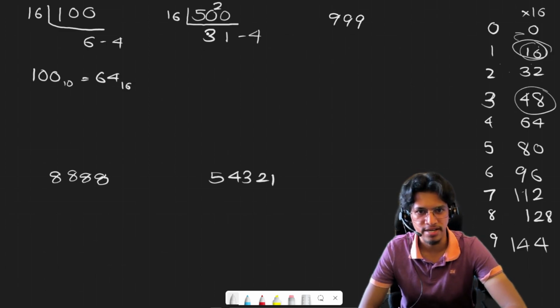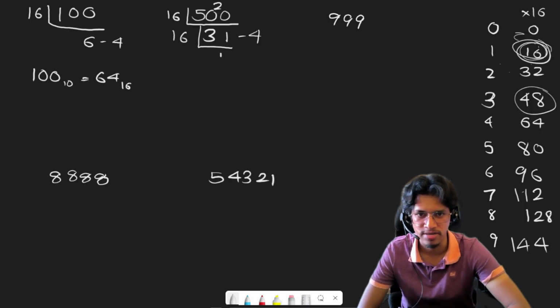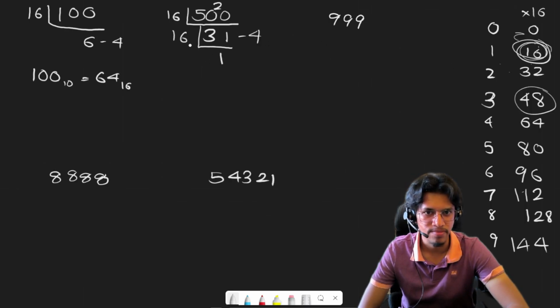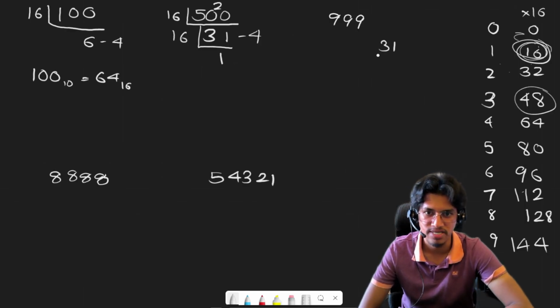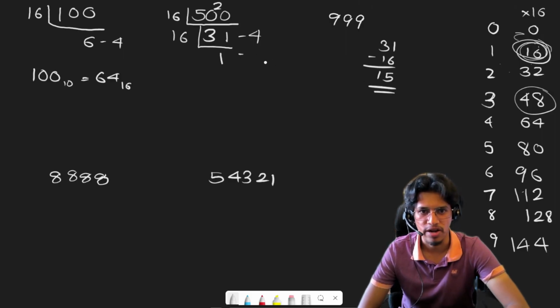All right. Then now we have to divide 31 by 16. So 31 divided by 16, we get only 1, right? And then 31 minus 16, we get 15, right? All right.